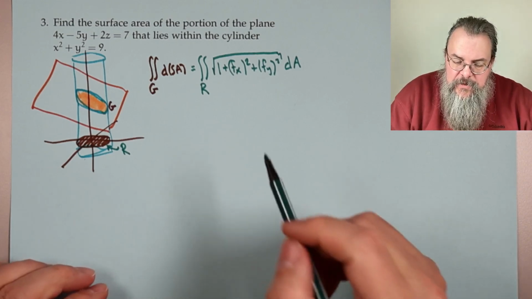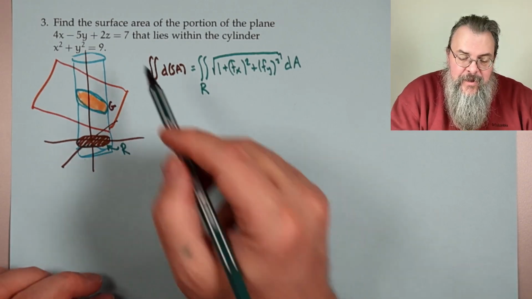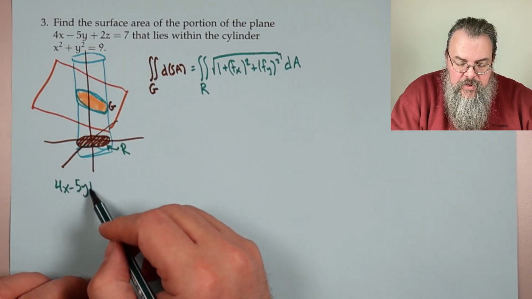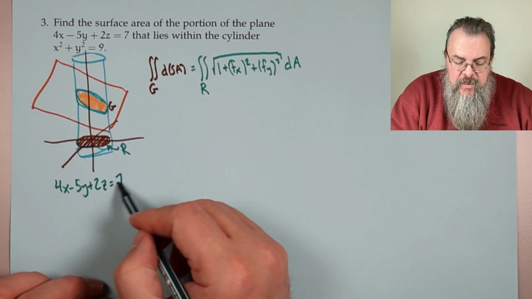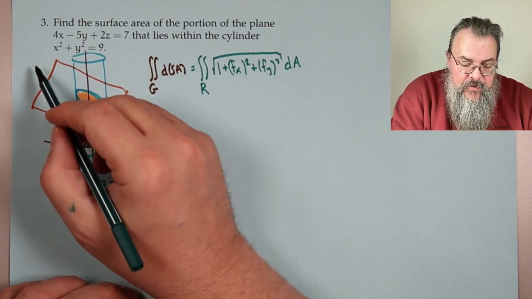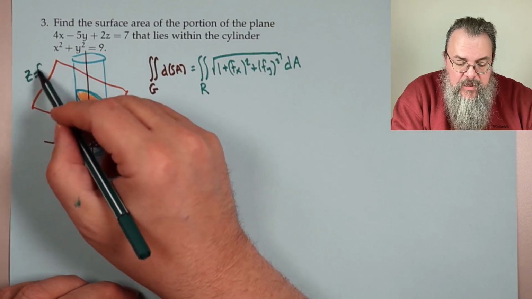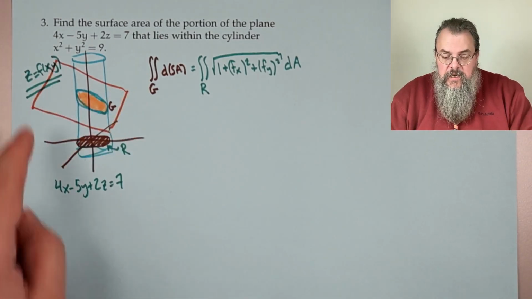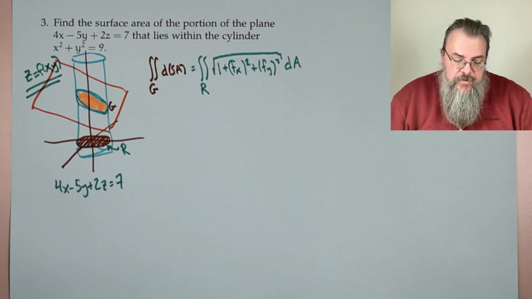Now, first off, what's f? We're going to take our surface, 4x minus 5y plus 2z equals 7, and solve for z. Because when we talk about this surface, we're going to think of it as z equals f of x, y. So we need to solve for z to take these partial derivatives.